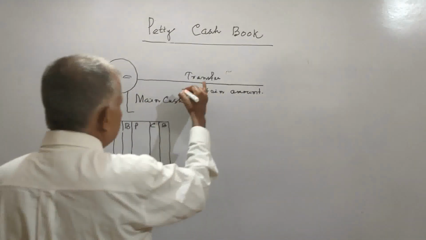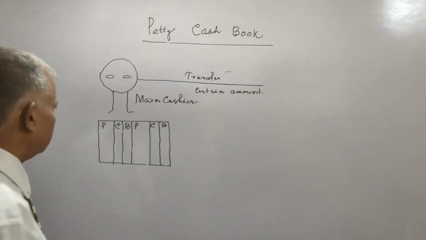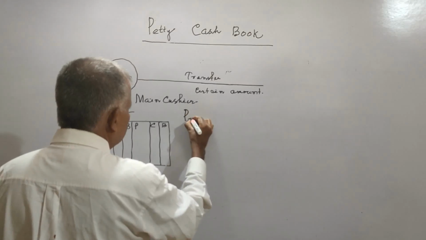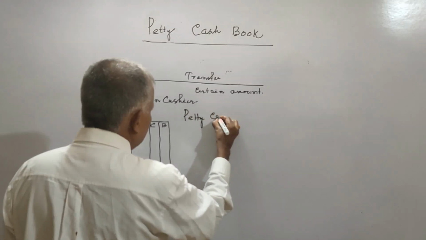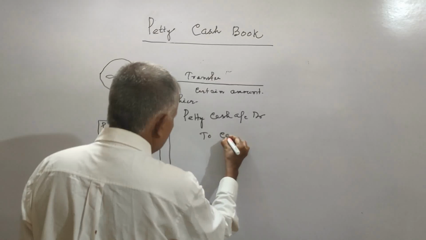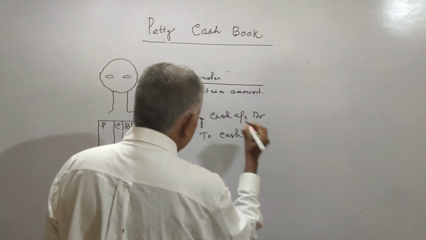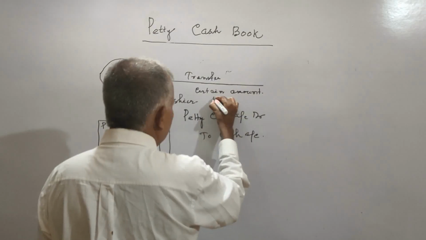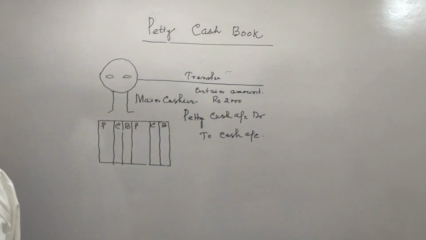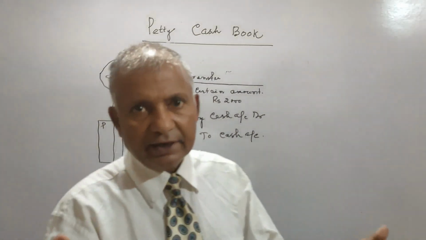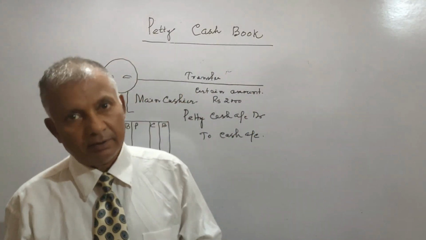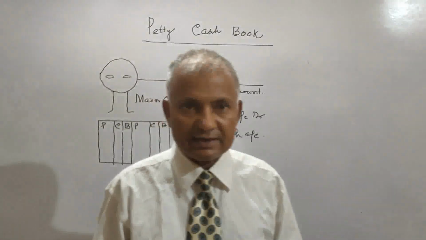And when the main cashier transfers the certain amount, he makes a journal entry, that is petty cash account debit to cash account. Let us say the main cashier transfers rupees 2000 to the petty cashier. There may be more than one petty cashier in any organization depending on the size of the organization and nature of the business.